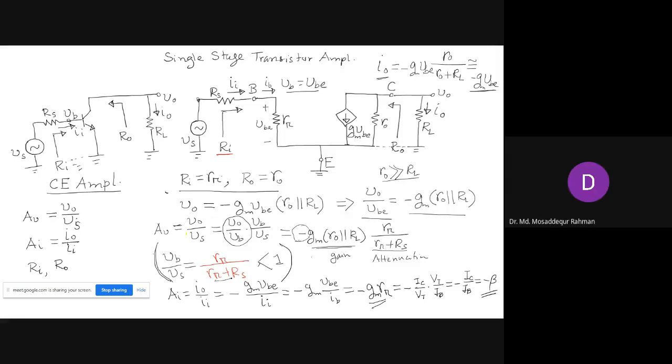The value of the denominator is R5 plus RS, and in the numerator we have only R5. So does that answer your question? Yes, sir. Okay. So any other question?